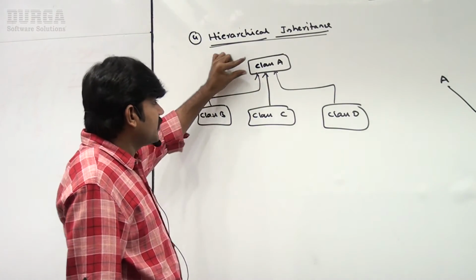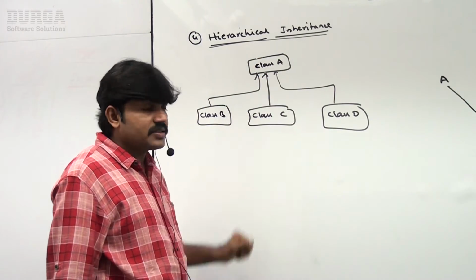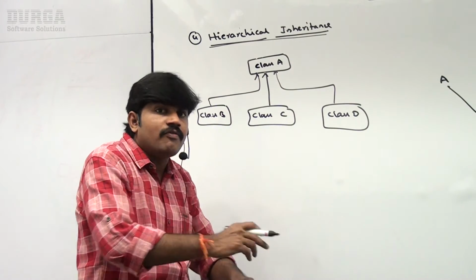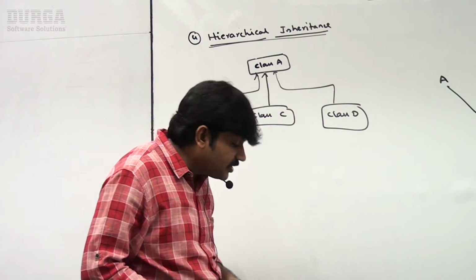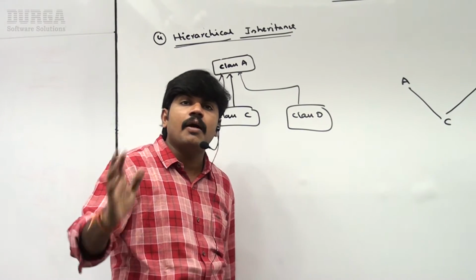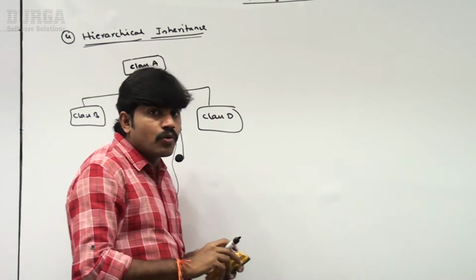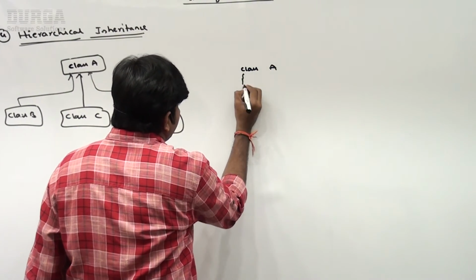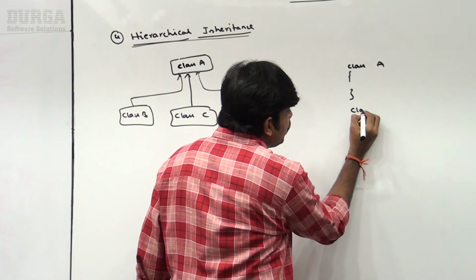Class B extends class A. Class C extends class A. Class D extends class A. Perfectly it is possible. It is the reverse of multiple inheritance. Is hierarchical inheritance supported by Java or not? Happily Java can provide support. If you want the corresponding coding, observe that class A is there.